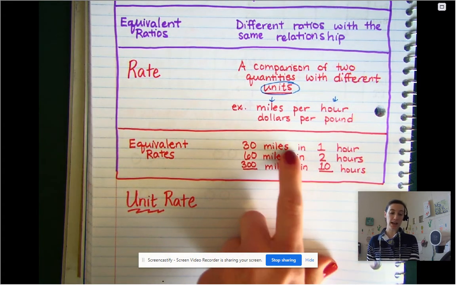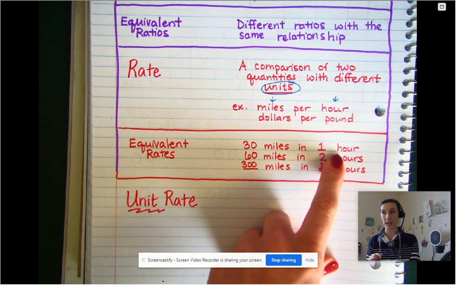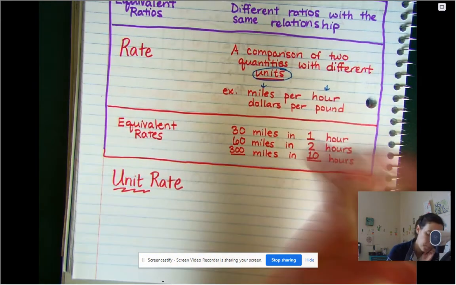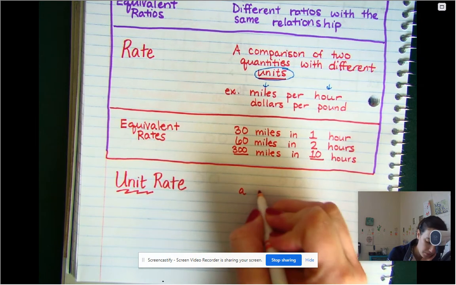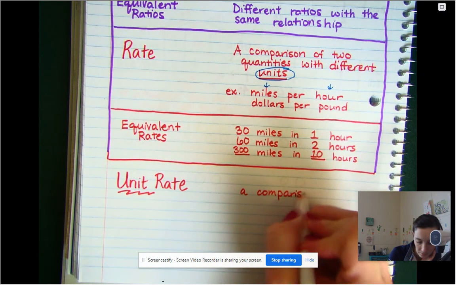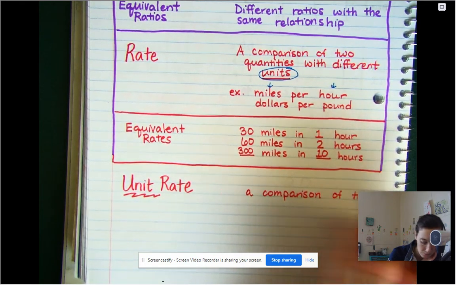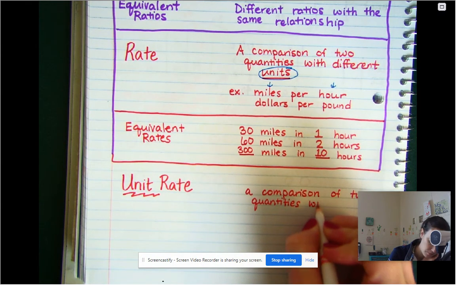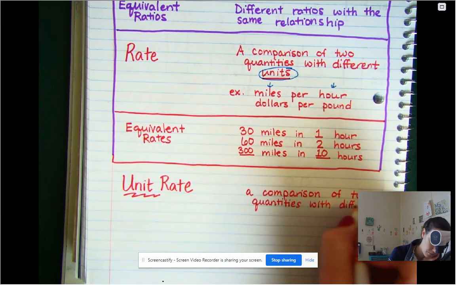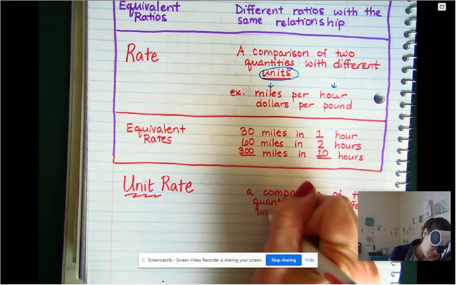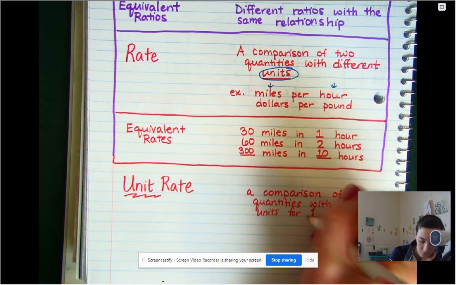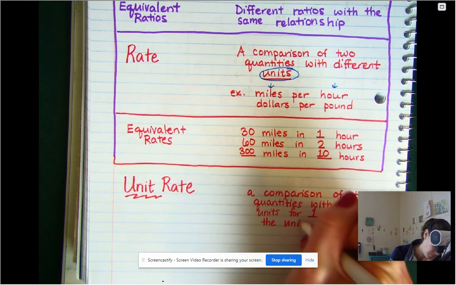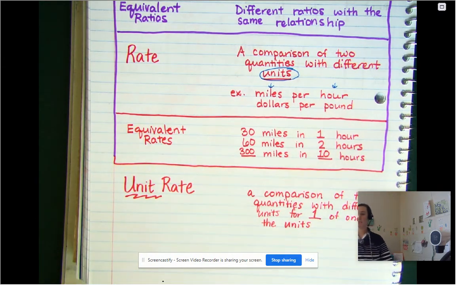So like 30 miles in 1 hour, that is a unit rate because it tells us how much happens in one of the units. This is one where I feel another example helps.